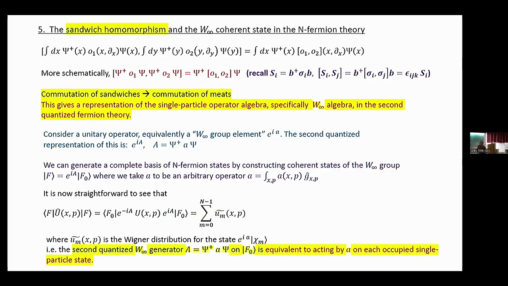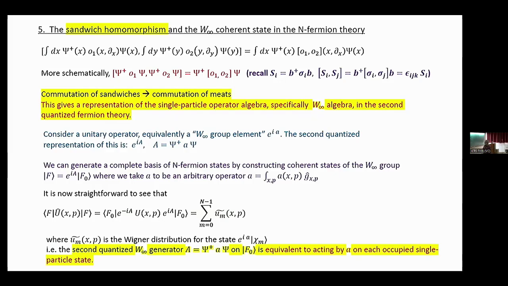If you have constructed your new n fermion state to be F like that, then the expectation value of the second quantized Wigner distribution operator becomes simply a sum of single particle Wigner distributions in the new occupied states. And the new occupied states are all basically a W infinity rotation in the single particle Hilbert space, namely this.